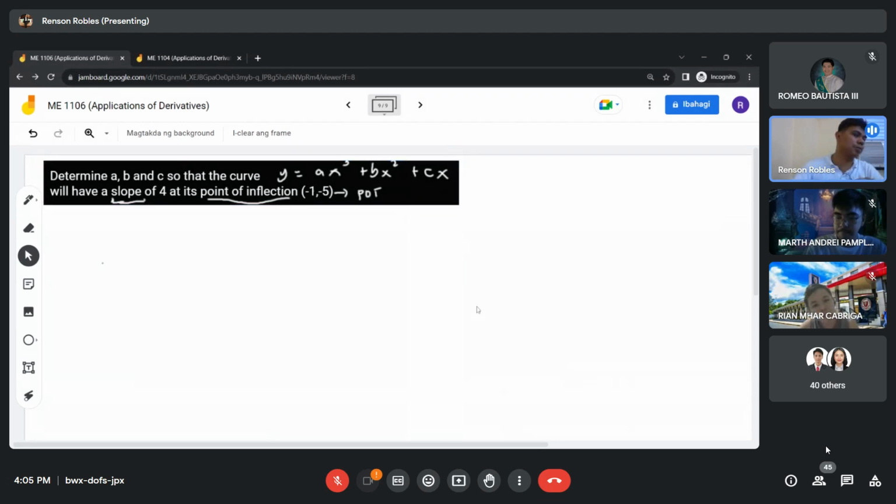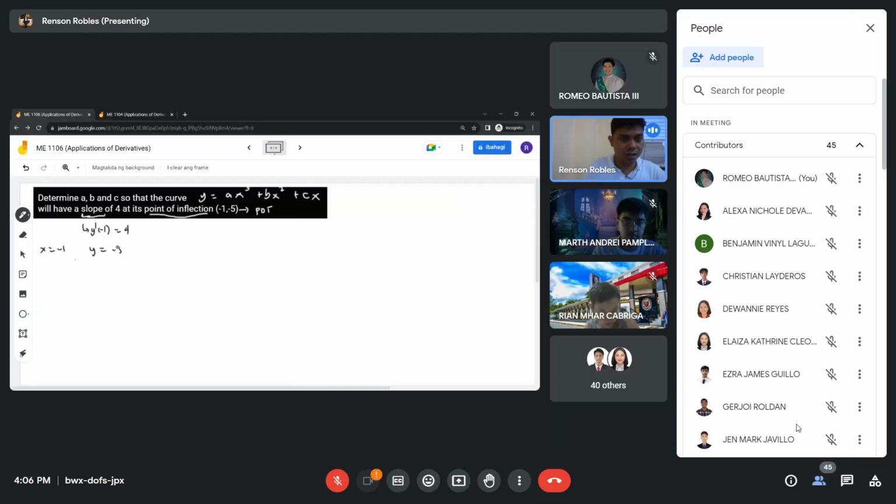You have a slope of 4, meaning a slope, that means y prime. And y prime is equal to 4 at its point of inflection, then this will serve as the point of tangency. Okay, so y prime at negative 1 equals 4. So when x equals -1, y equals -5, and y prime equals 4.